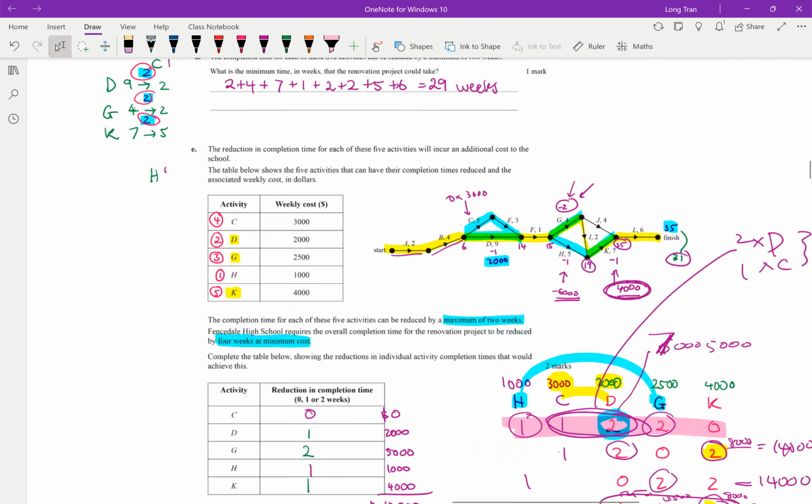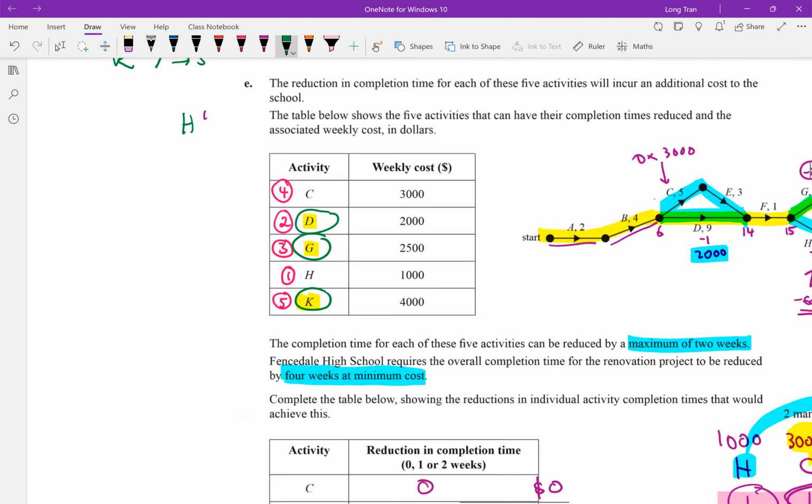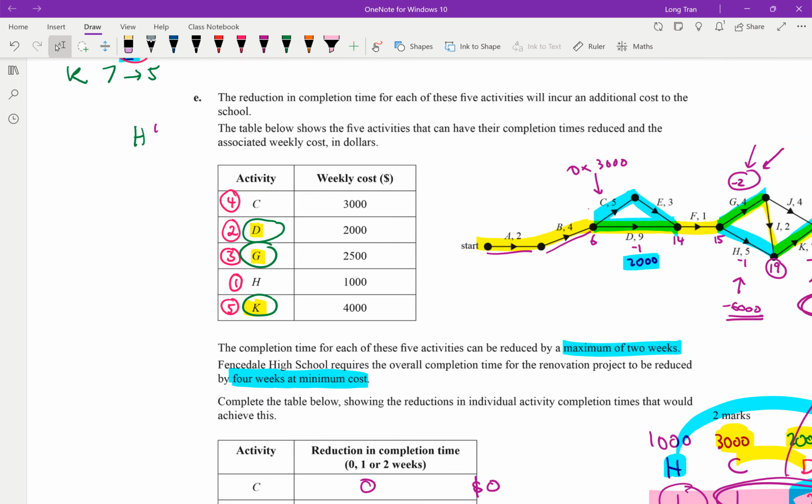Ranking the cost first, like what's ideal, knowing which ones affect the critical path and how much I wanted. Because they said 4 weeks at minimum cost, I played around with the possibilities of D, G, and K, and that's where I got your 2, 2, 0, and then I just did the zeros then 2, 2, 2, 2.